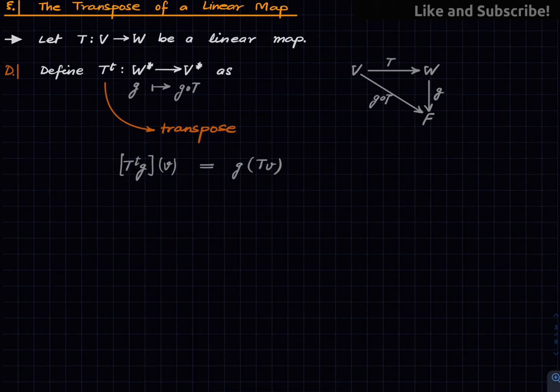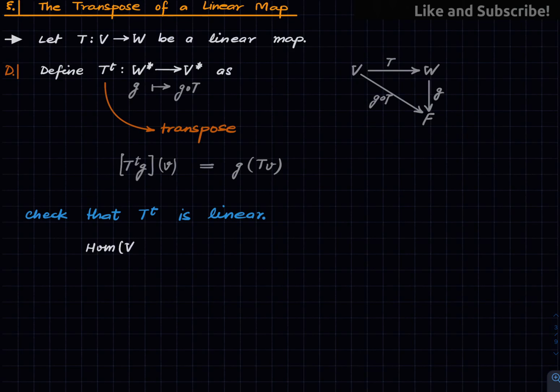So I'm just restating this definition in a somewhat different way. All right, and here is a small exercise. Check that T transpose is a linear map. Very, very simple exercise.